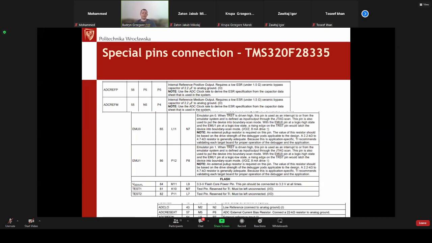Then we've got other pins in microcontrollers which need to be connected, like various power supply pins, especially for the analog block. The problem with those pins quite often is that in some situations you don't need to connect them.